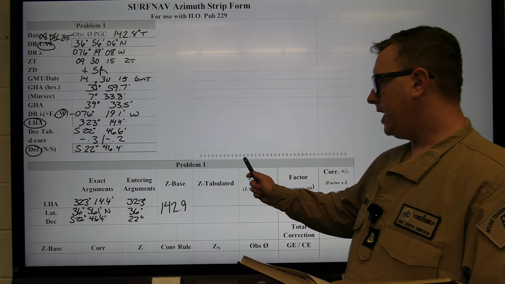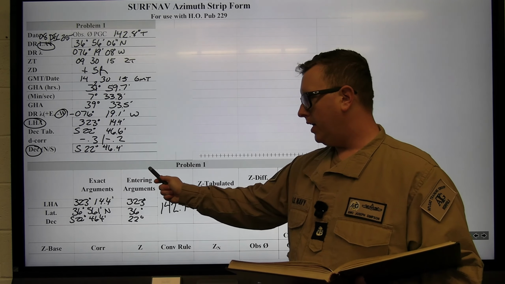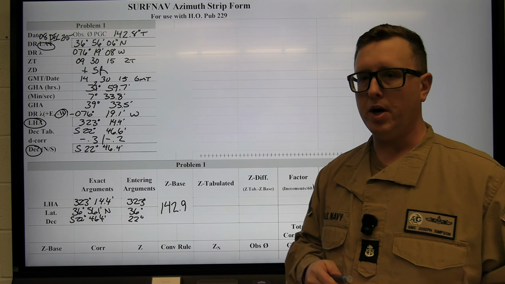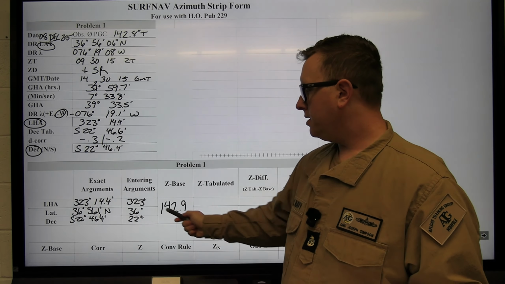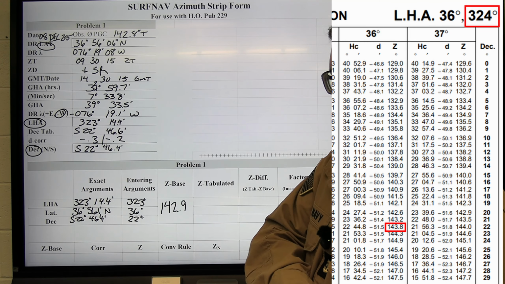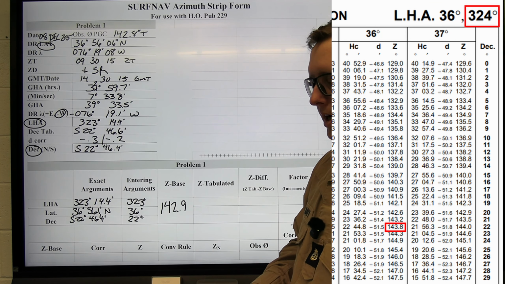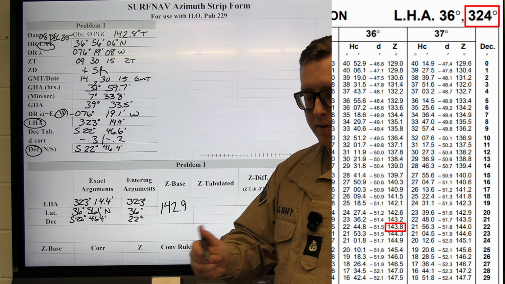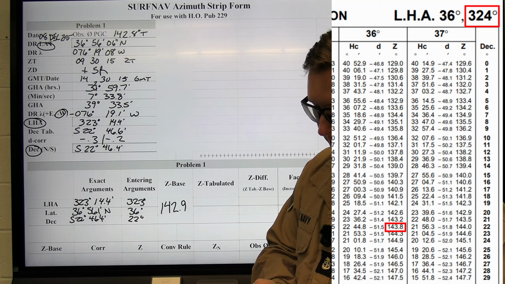Now, Z tabulated. That is basically taking your entering arguments and going to the next highest one and squaring it off that way. For this, 323, 324 is the next highest LHA. So you'll go to the next highest LHA using 36 and 22. Square it off and do the same thing.